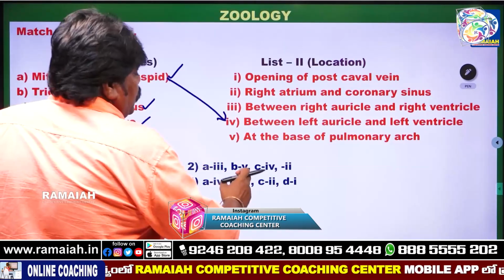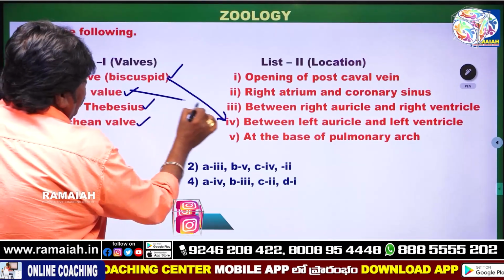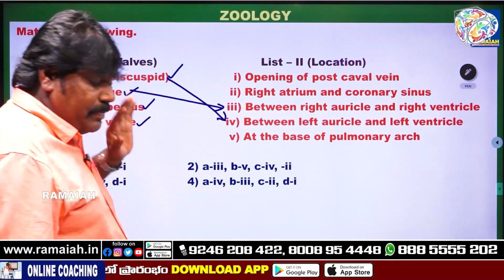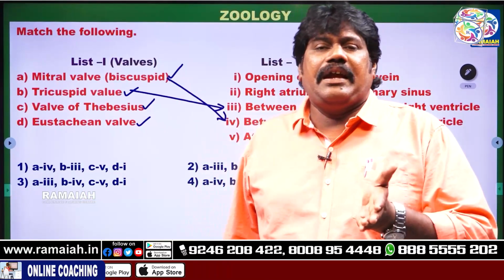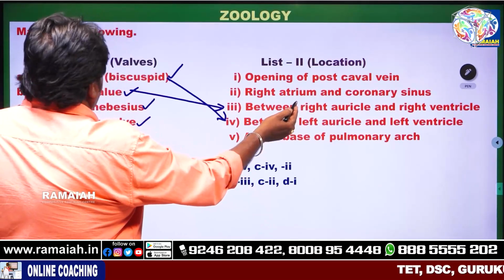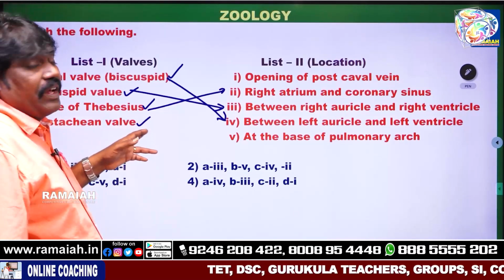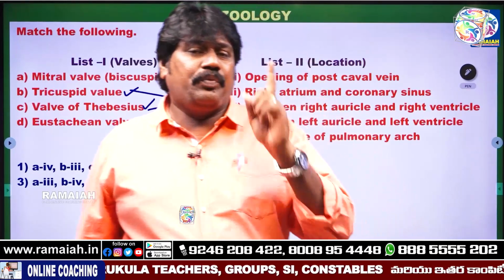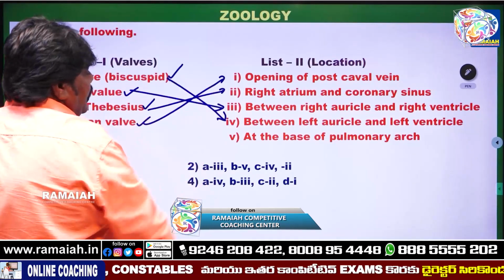Then the valve of Thebesian is present in between the right auricle and the coronary vein. The next one, the Eustachian valve, is present in between the right auricle and the opening of the postcaval vein. So this one is the right answer.